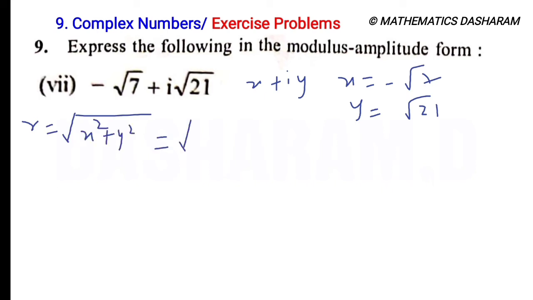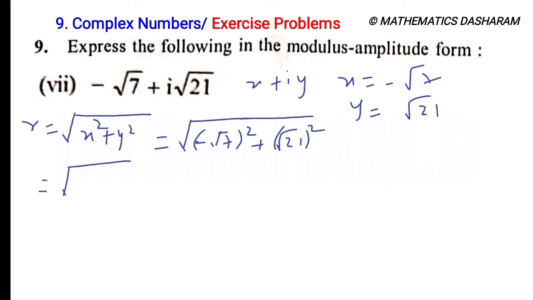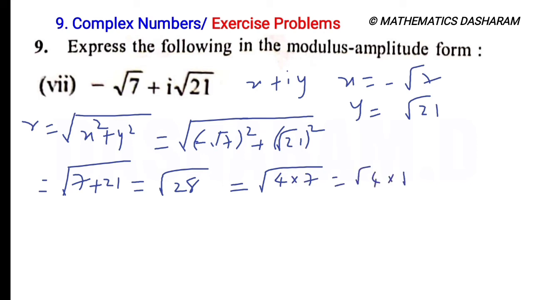Substitute x and y values: under root of minus root 7 whole square, which is 7, plus 21. Root of 7 plus 21 is root 28, and root 28 can be written as root of 4 into 7, so root 4 into root 7, which is 2 root 7. So the r value is 2 root 7.